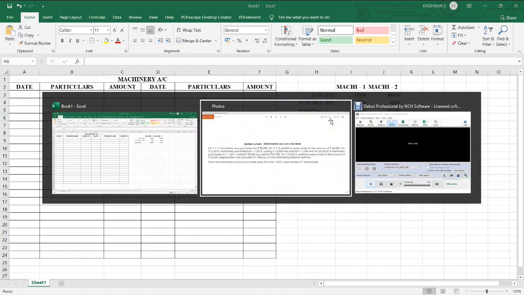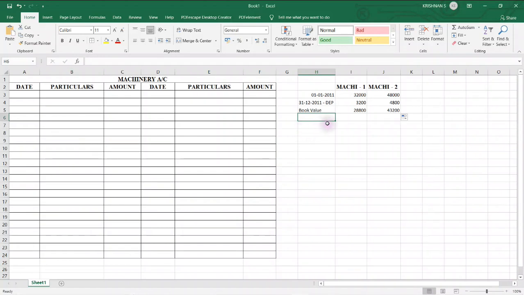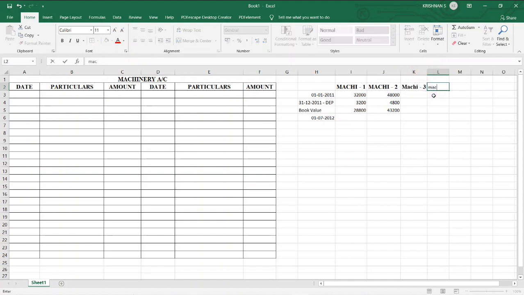Then on 1/7/2012, additions were made to the amount of rupees 40,000. So we can enter the date here, 1/7/2012. There is no transaction for machinery 1 and 2. Then machinery 3, and here machinery 4.